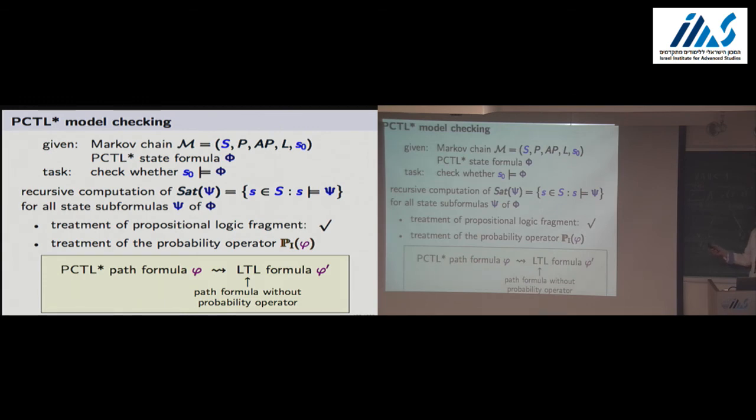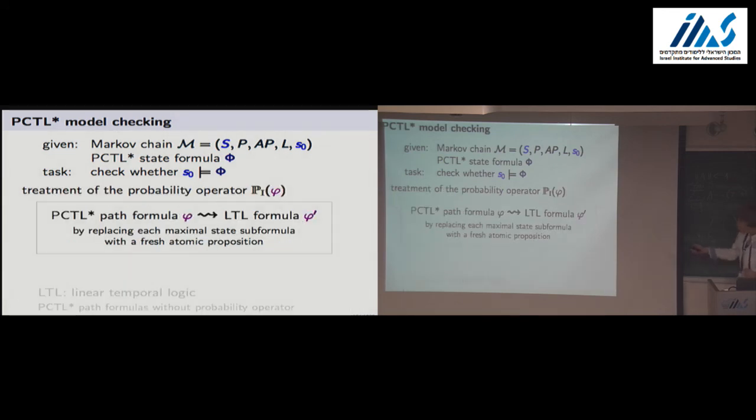And so what we will do is, again, use some trick that is known also from the non-probabilistic case. With this, evaluate inner formulas first. We first can switch from a PCTL star path formula to an LTL formula, which means a formula that does not have any inner probability operators anymore. And then we can rely on an automata-based approach.